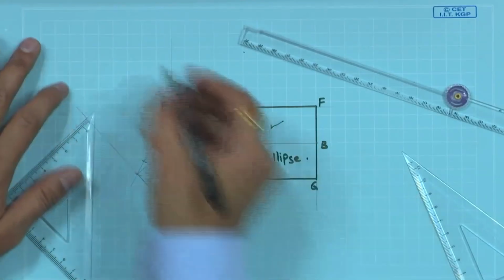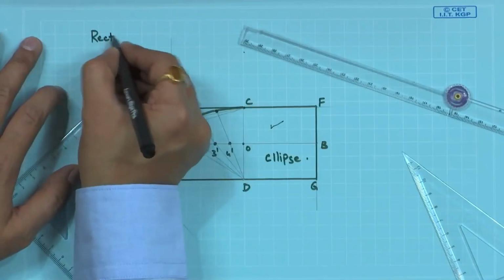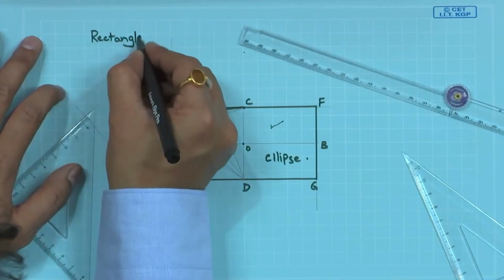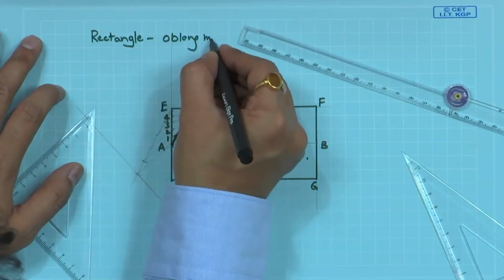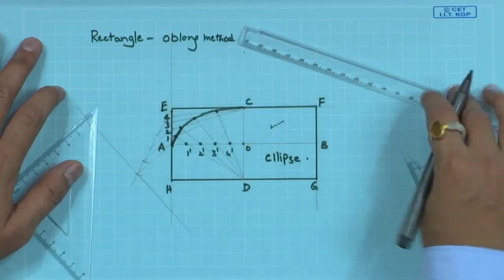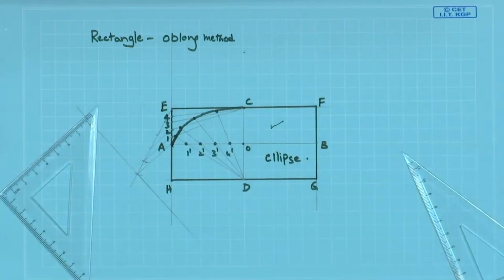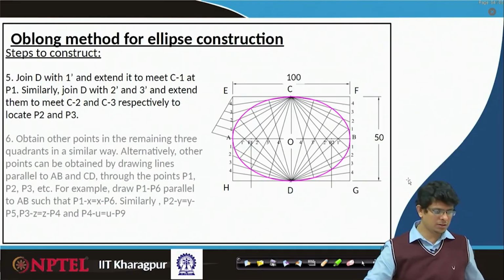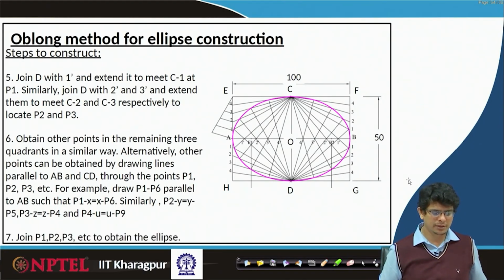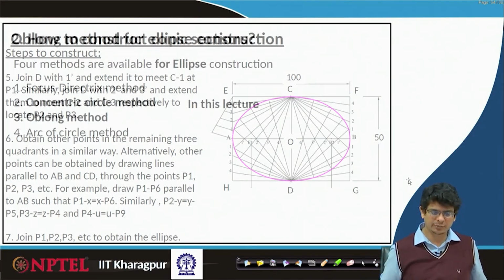This method is what we call the rectangle method or the oblong method. Once we join P1, P2, P3 and P4 via C, we will get this ellipse.